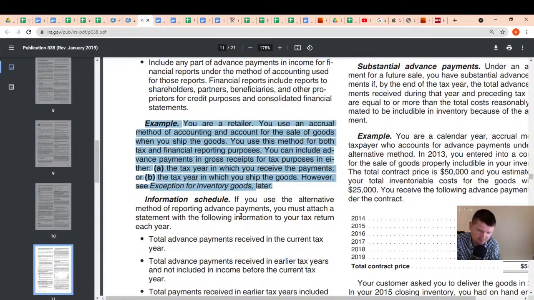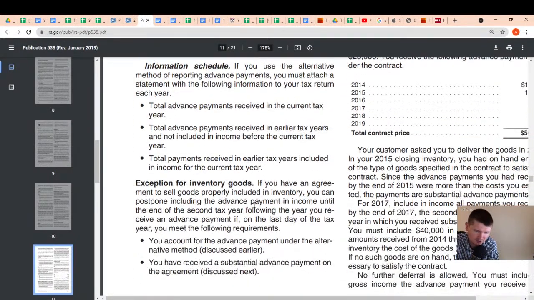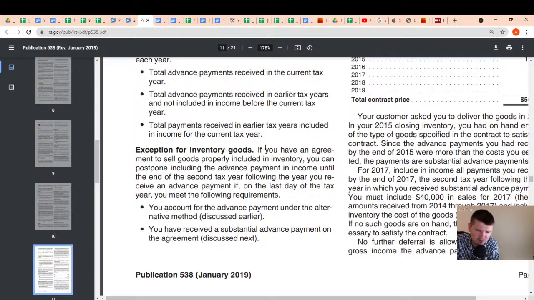Let's move on. Information. Exception for inventory goods. If you have an agreement to sell goods properly included in inventory, you can postpone including the advance payment in income until the end of the second tax year following the year you receive an advance payment, if on the last day of the tax year you meet the following requirements.